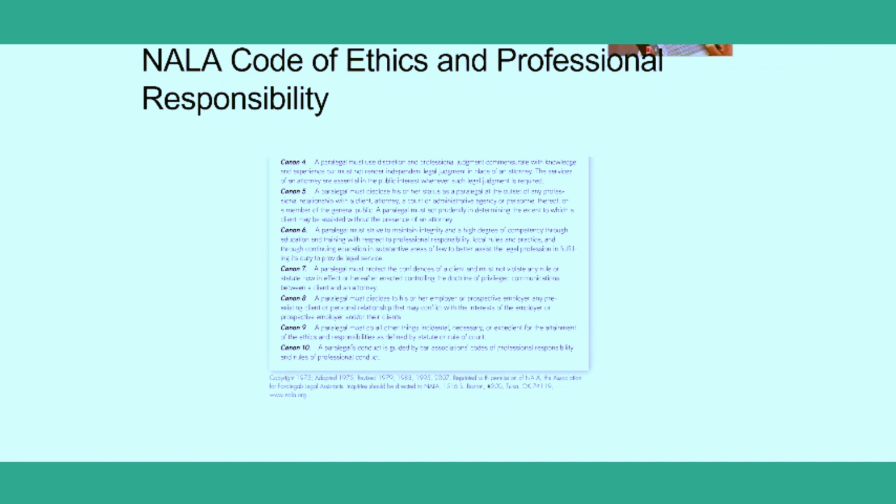And Canon 10, a paralegal's conduct is guided by Bar Association's codes of professional responsibility and rules of professional conduct. So again, while these aren't lawyer rules here, the lawyer rules do apply, basically because all of those have some similarity to the lawyer rules in the ABA model rules, or if you look to the Florida Bar rules, you're going to see some resemblances. That's the main idea here.